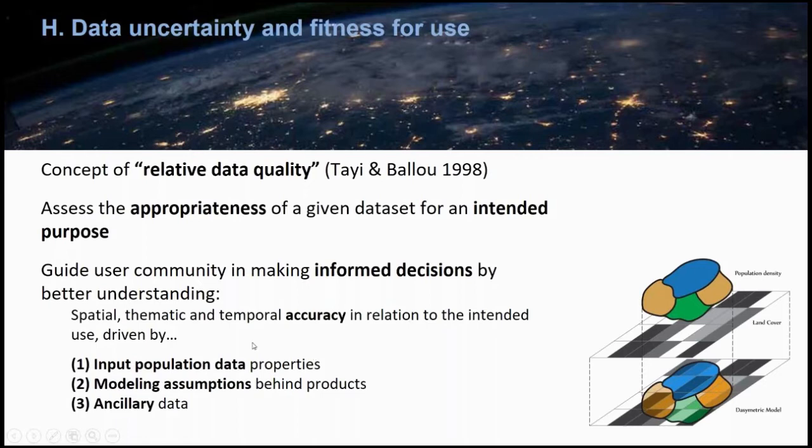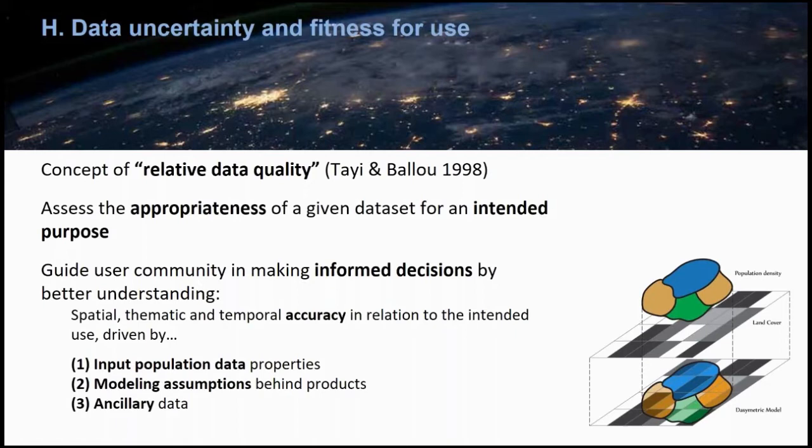It's very important to understand what kind of input population data I am using. You remember Greg was showing you the input data being used can be of very different qualities. It's very important for the user to be aware of what exactly are the input population data that I'm using. The modeling assumptions behind the products: is this a heavily or highly intense modeled data product, or does it underlie very simple and simplistic assumptions of just proportional fitting, for example?